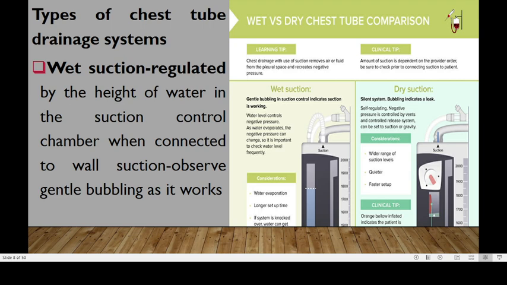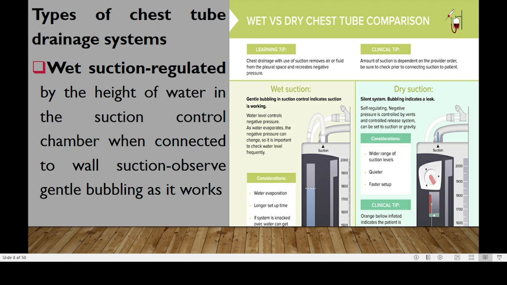So we have two types of chest tube drainage system. We have the wet and the dry. Remember, the wet suction is normally regulated by the height of water in the suction control chamber when connected to the wall suction.